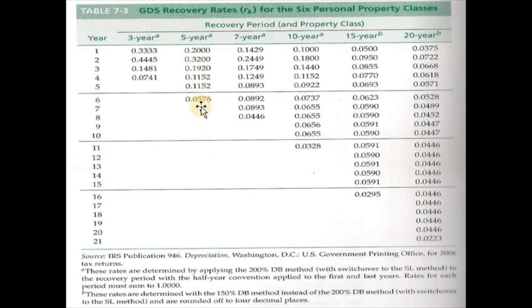I look at the column related to 5 years, and at year 3, I just look at the intersection, okay? And this is the value that you get. What is this value? It is the value that I'm gonna use to calculate depreciation at year 3. So depreciation at year 3 will be this recovery rate multiplied by the book value, the cost basis.